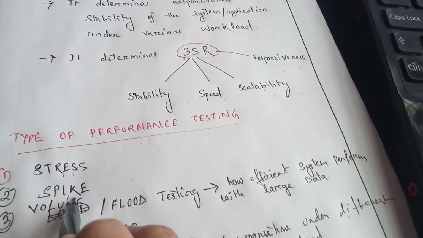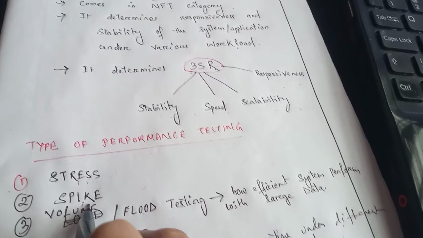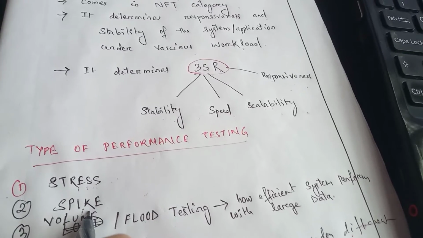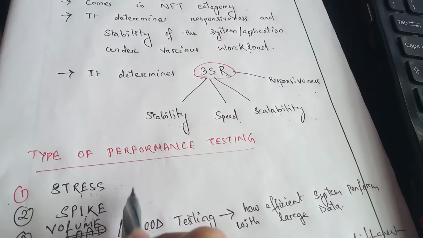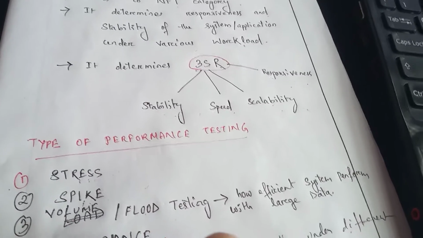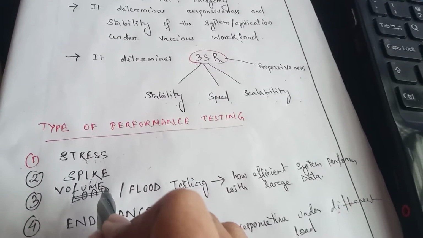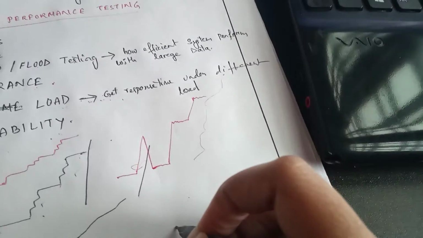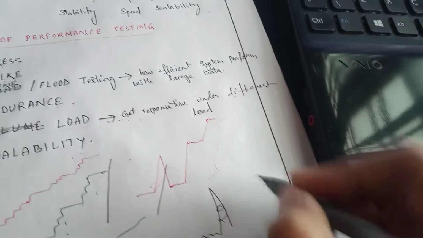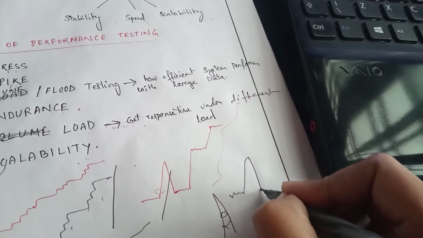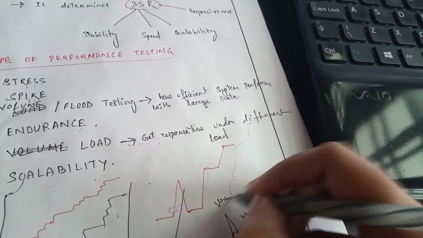Now let's come to spike testing. Spike testing is to check the system behavior when the users increase quickly. When there is a sudden increase in the user load, how is the system behaving? To check that, we do spike testing, and the scenario would be a sudden spike in the user load. Let's say this is users.